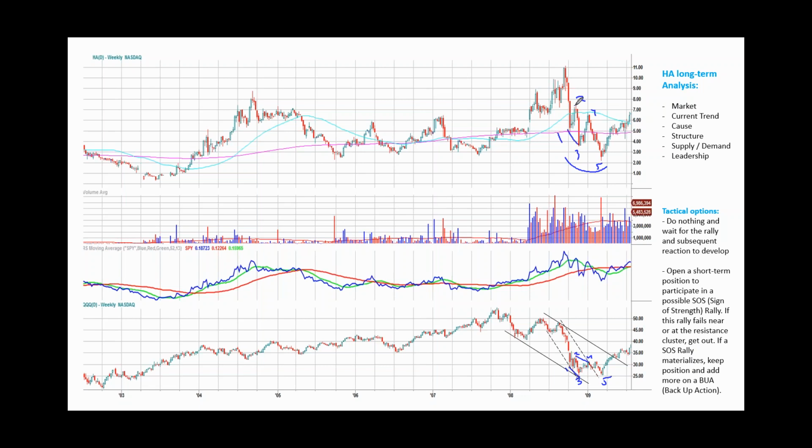From 3 to 5, the stock is weaker than the market because the comparative slope of the market is now slightly up, whereas the stock is definitely down. So that's a weakness compared to the market.